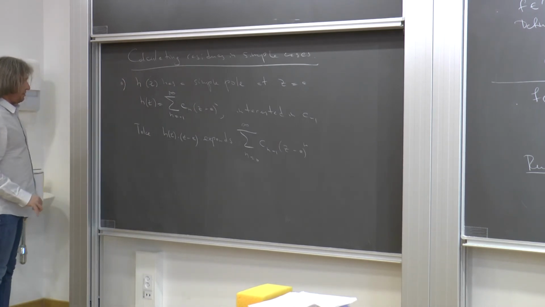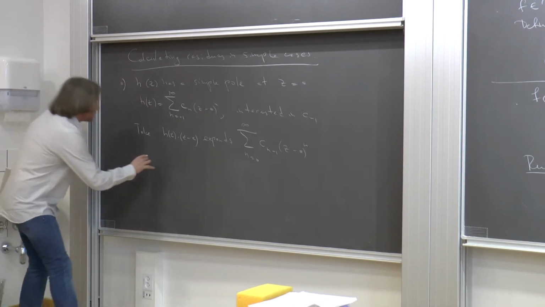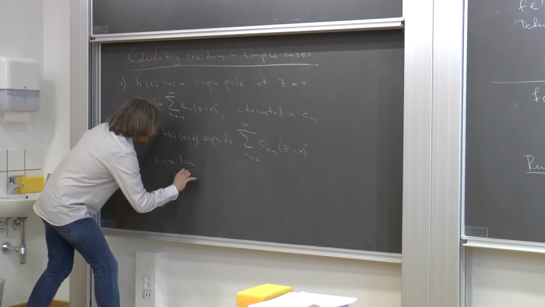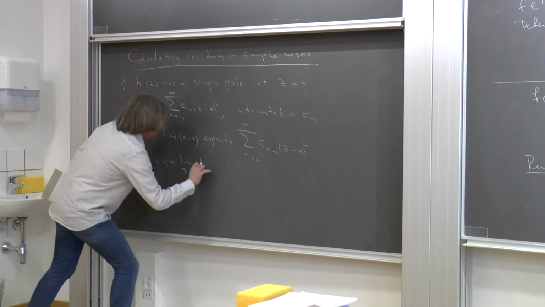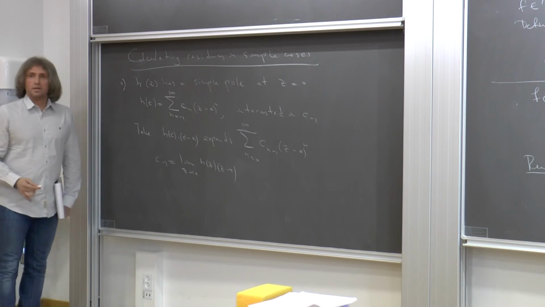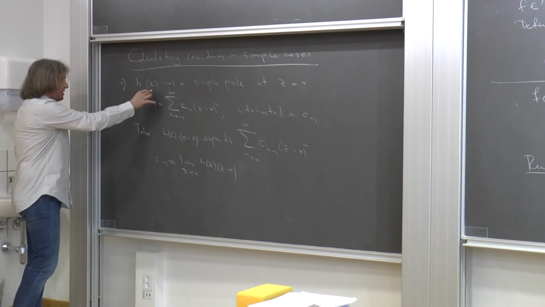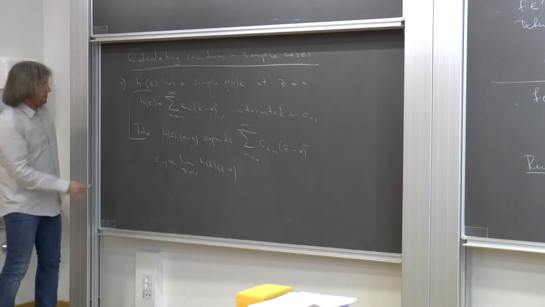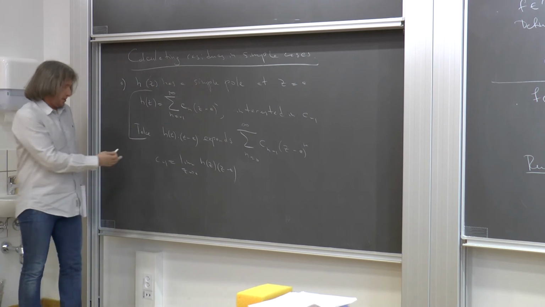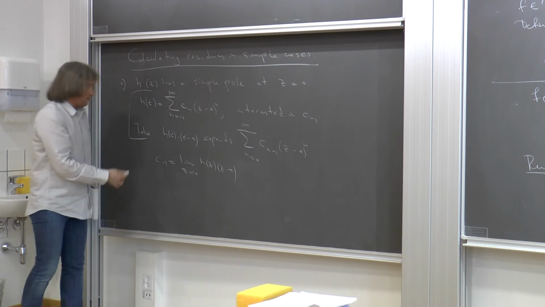From this we see that c_{-1} is simply the limit as z tends to a of h of z times (z minus a). Now we can ignore this part. It was just an explanation. If we for some reason know that it's a simple pole, then we can get the residue like this.